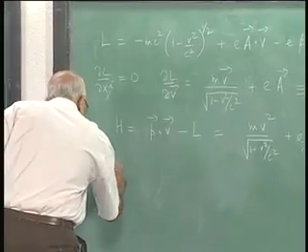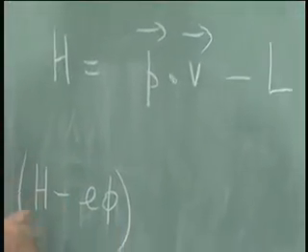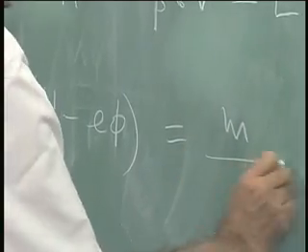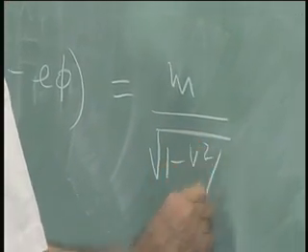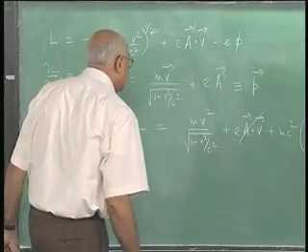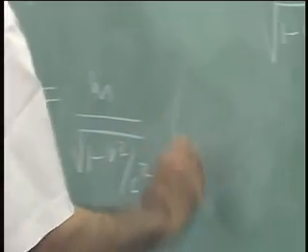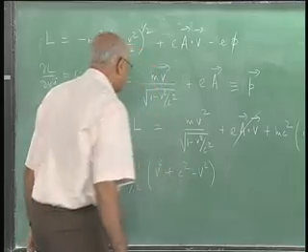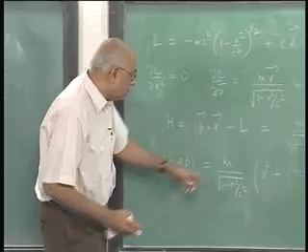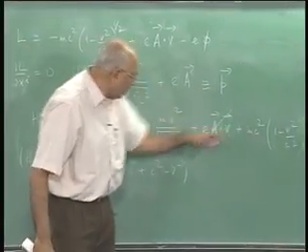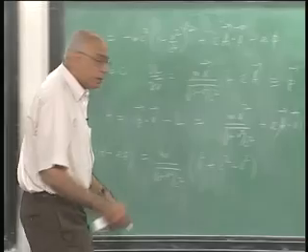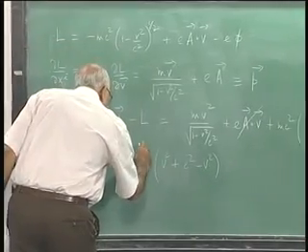And therefore H minus e phi is this guy here, is equal to m over square root 1 minus V squared over c squared times V squared plus c squared minus V squared. I have added these two terms, this is mc squared and I took this factor out here, so it became 1 minus V squared over c squared, I multiplied by c squared and then the V cancels. So it is mc squared over this guy.